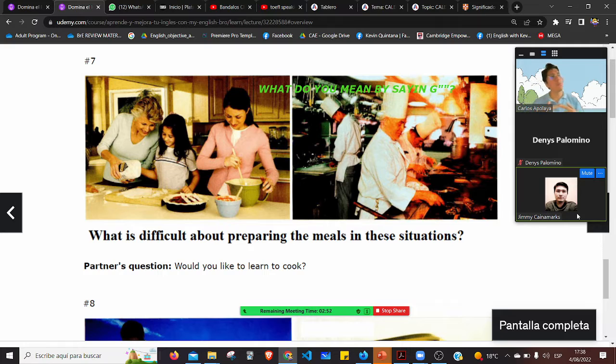How do you say ajos? I don't remember. Garlic. Okay, garlic, lemon, salt, lettuce. The most important, I would say, is camote. Okay, you could say sweet potato.